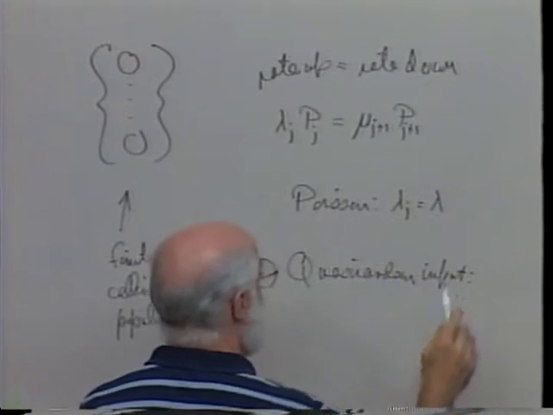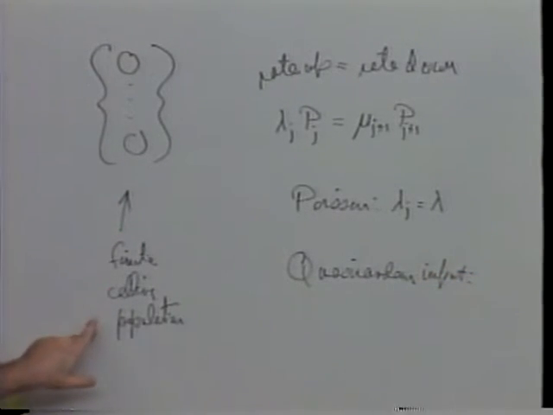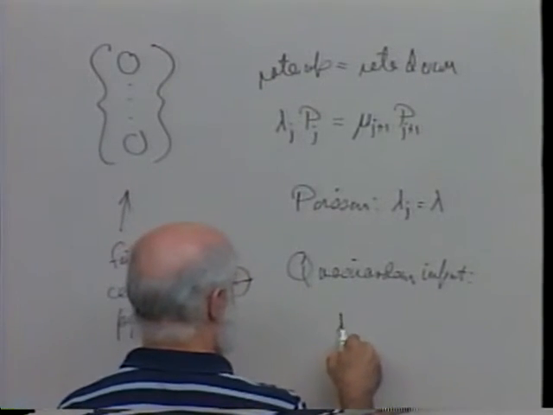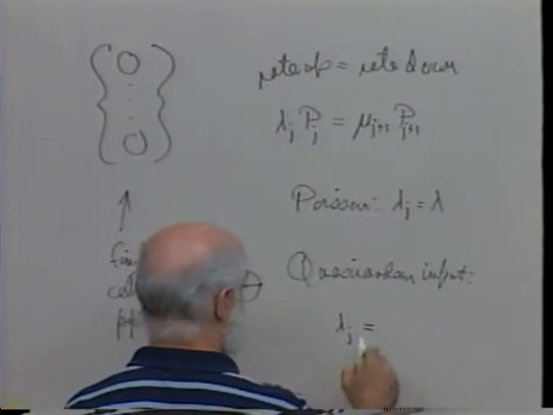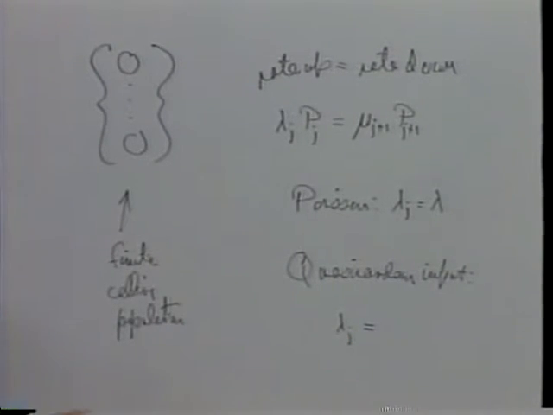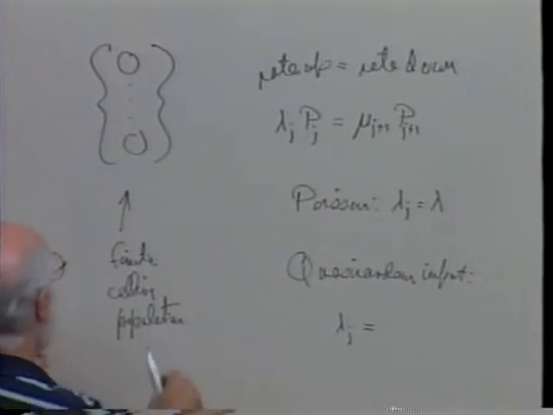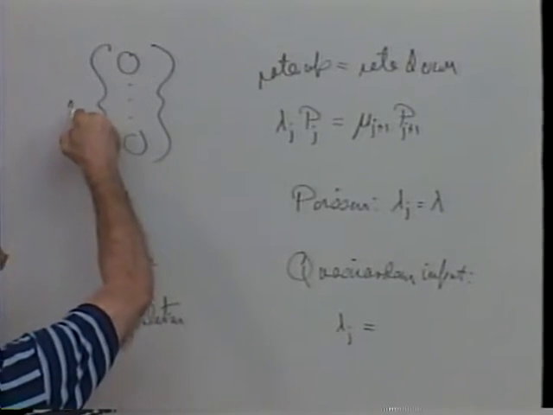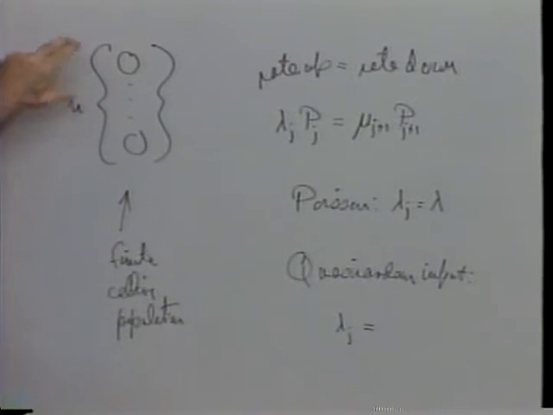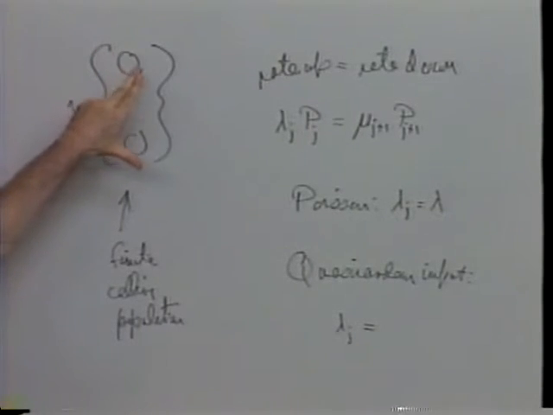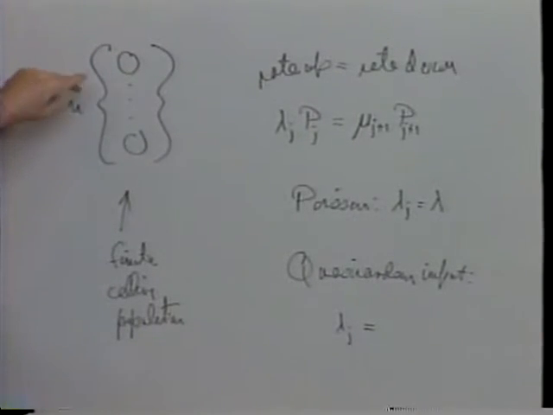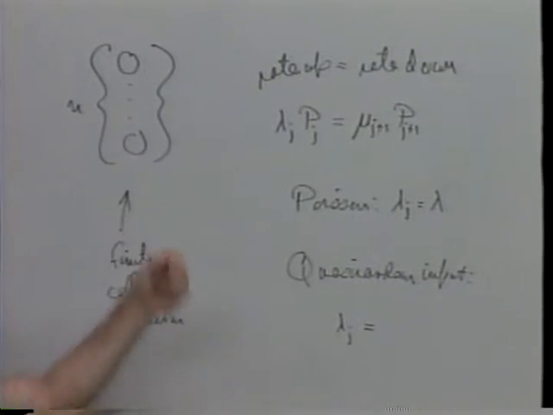I'm going to try and model the fact of the finite calling population by saying something like this. When I'm in state J, the arrival rate is going to be proportional to the number of customers there are in the calling population. So imagine that there are n telephone subscribers or there are n terminals, and each terminal is a subscriber in this sense.